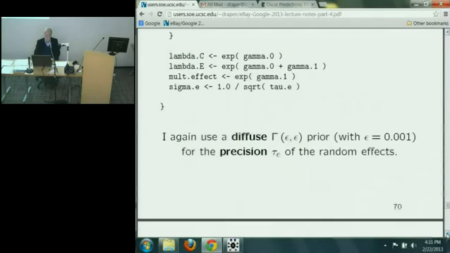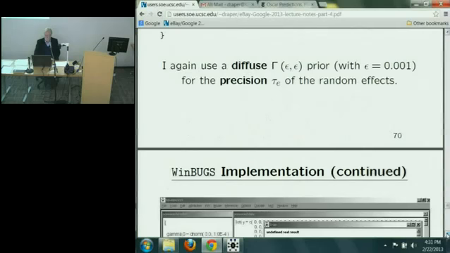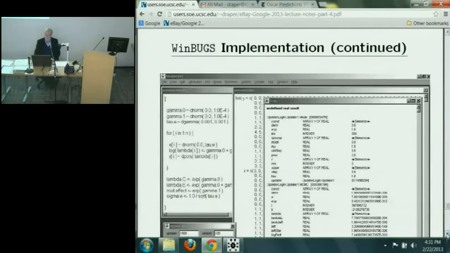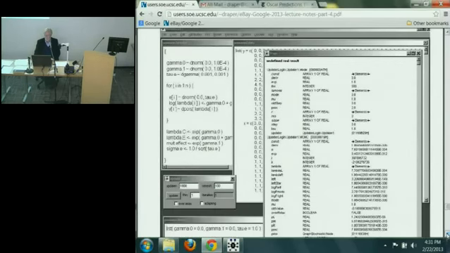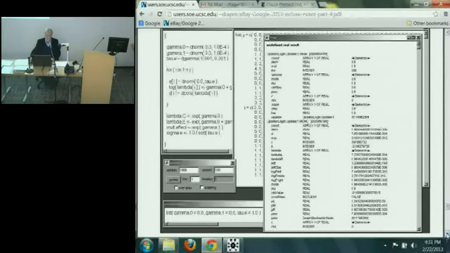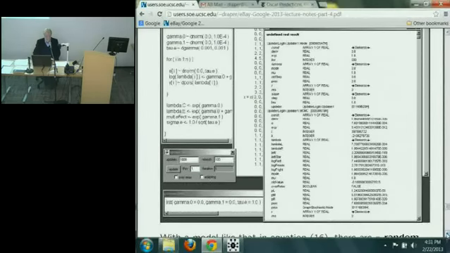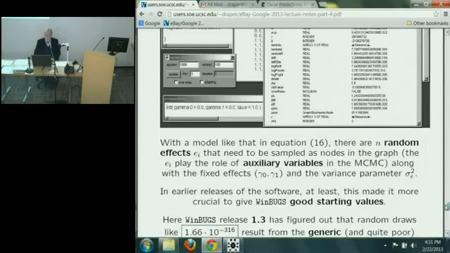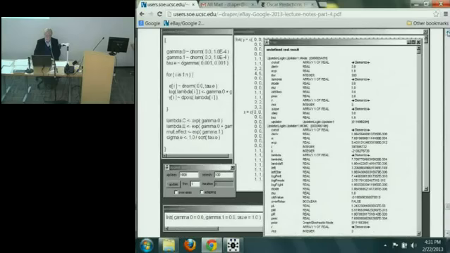And on page 71, I show you what happens in earlier versions of WinBugs. If you started things off with bad starting values and you had a random effects model, it could sometimes fail to run. It would fall over by giving you the dreaded screen that is basically for WinBugs expert programmers.